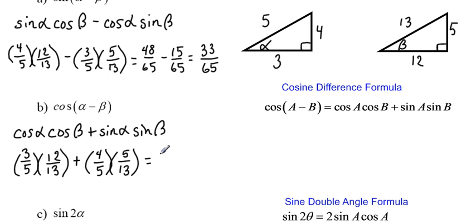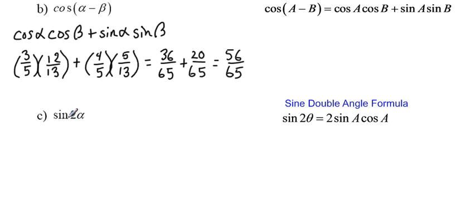So we'll go ahead and multiply this out. 3 over 5 times 12 over 13 gets us 36 over 65 plus 4 over 5 times 5 over 13 gets us 20 over 65. Now 36 over 65 plus 20 over 65 gets us 56 over 65, and that is our answer for the cosine of alpha minus beta.